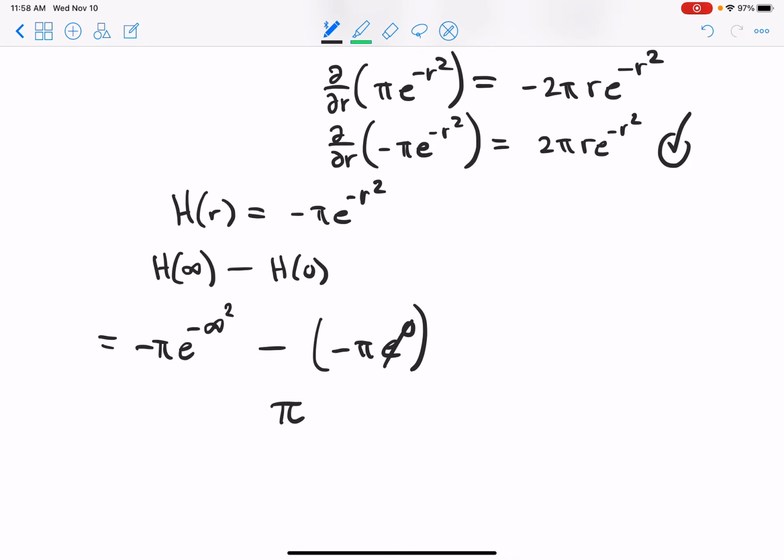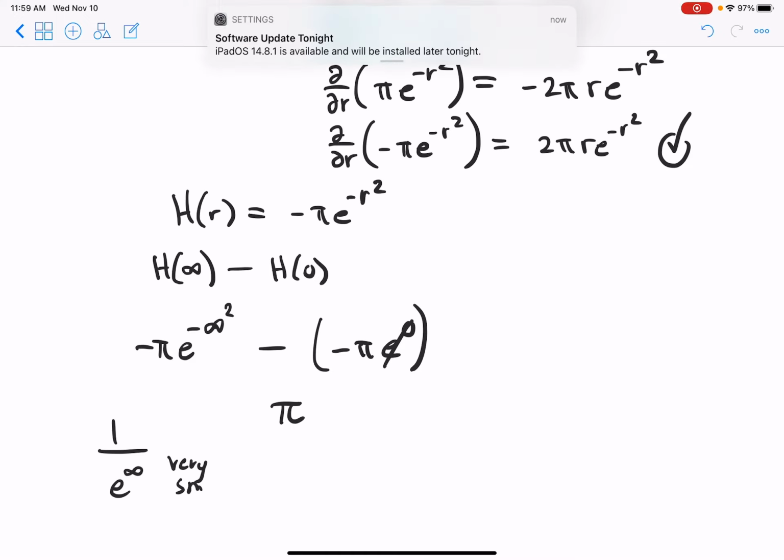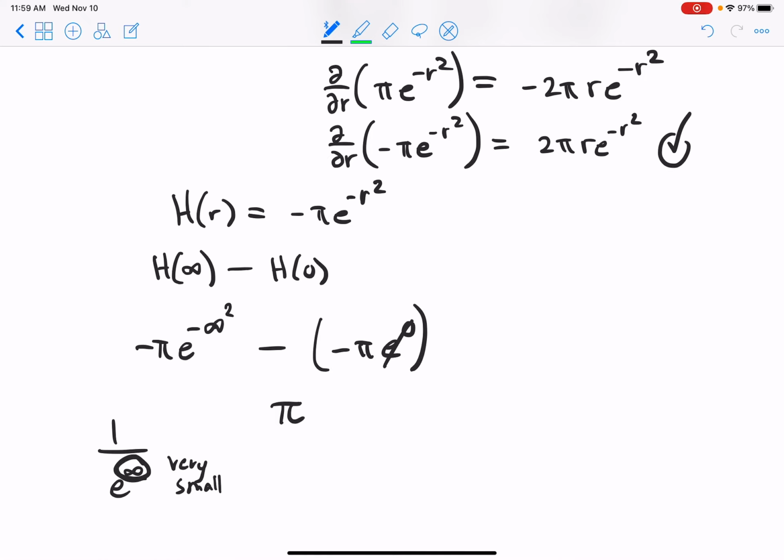And then what I see is that e to the minus infinity squared is like 1 over e to the infinity. This is very small. And so as infinity gets bigger and bigger, 1 over a big number is very small, and in fact it will go to 0.